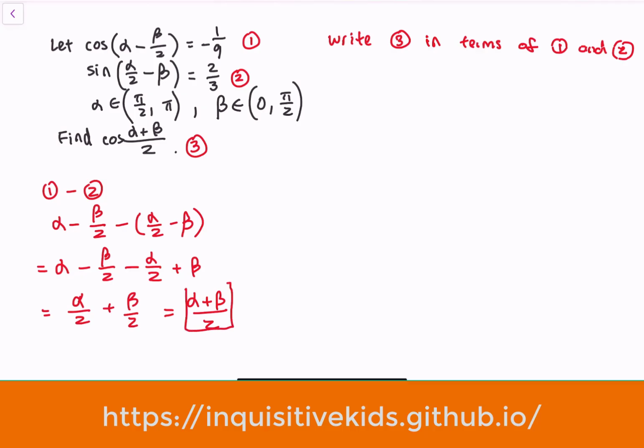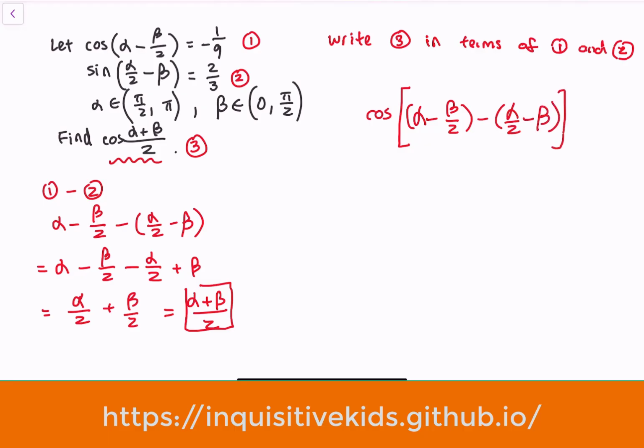This is exactly what appears inside the expression we're trying to solve for. So we can rewrite our expression that we're trying to find, cosine of alpha plus beta over 2, as cosine of alpha plus alpha minus beta over 2 minus alpha over 2 minus beta.